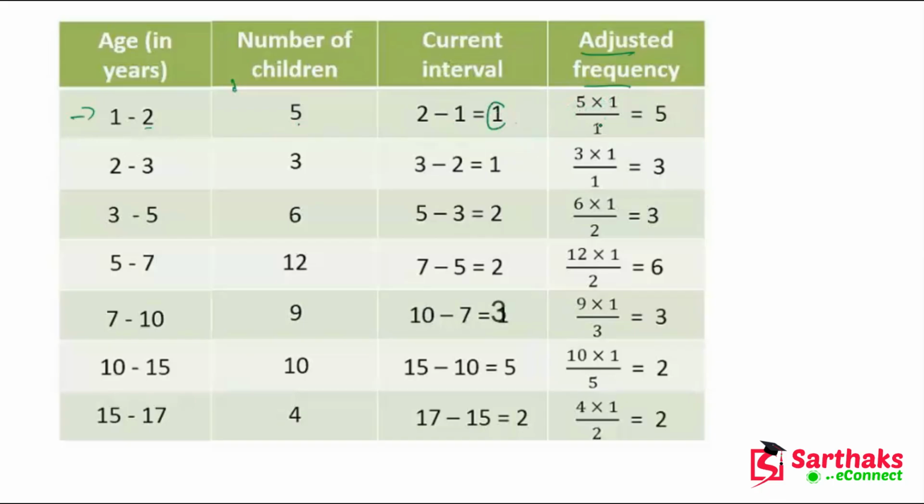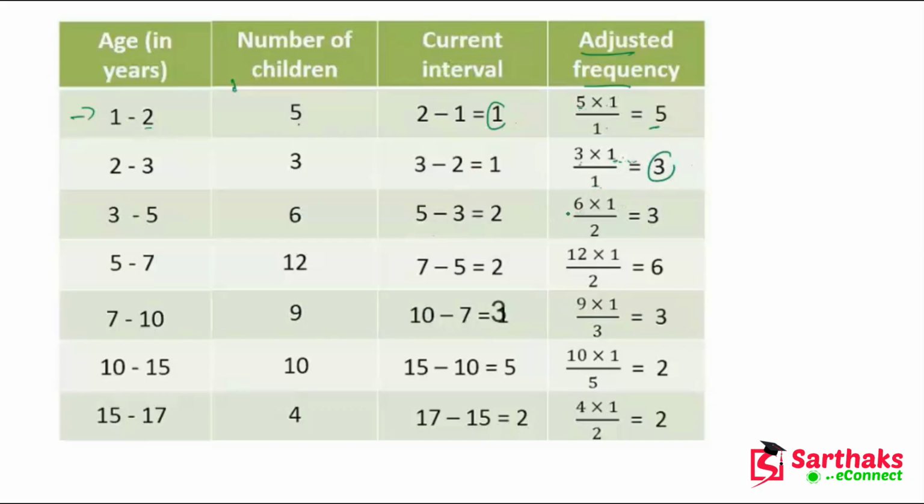So 5 into 1 divided by the current size of interval, which is 1, we get 5. Now here is 3, the current frequency, into the minimum size of interval, which is 1, divided by the current size of interval, which is 1. Here we get 3.